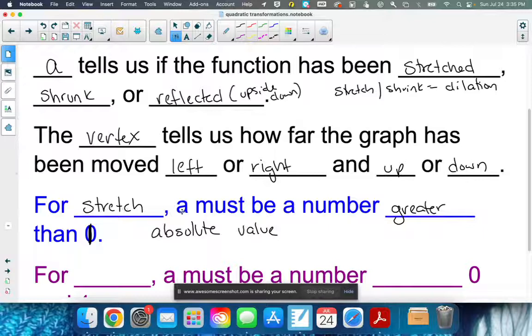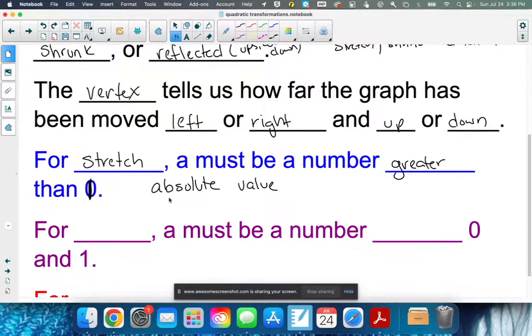So for a stretch, a must be a number greater than 1, and you're looking at the absolute value of that number. For a shrink, a must be a number between 0 and 1. So now you're looking specifically at decimals and fractions that are between 0 and 1.